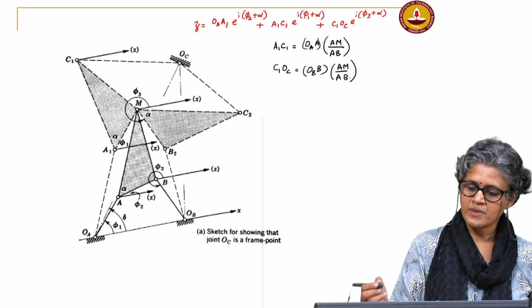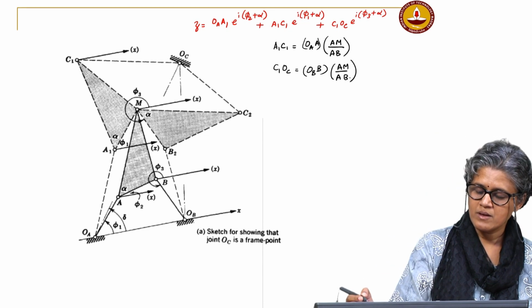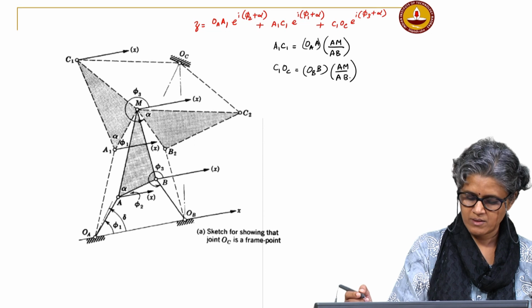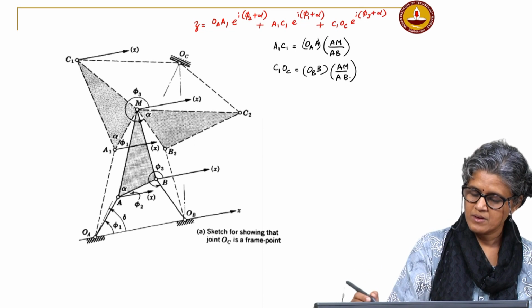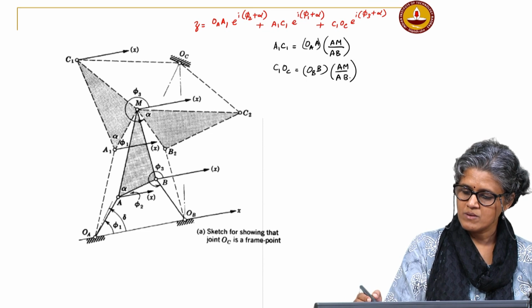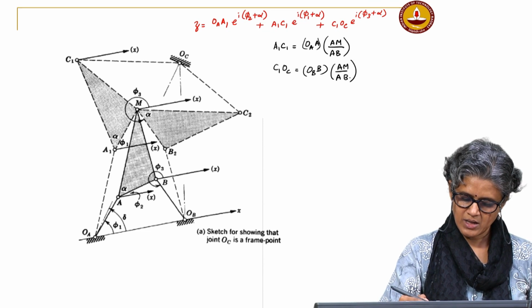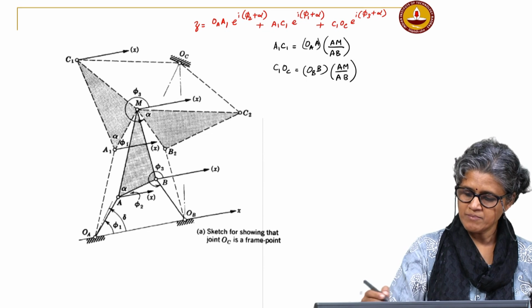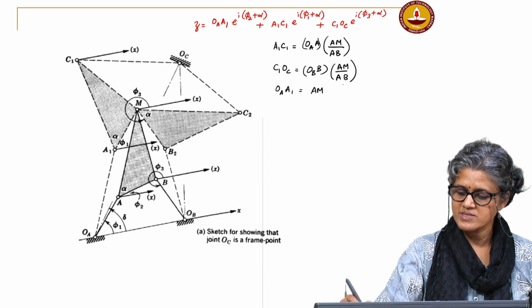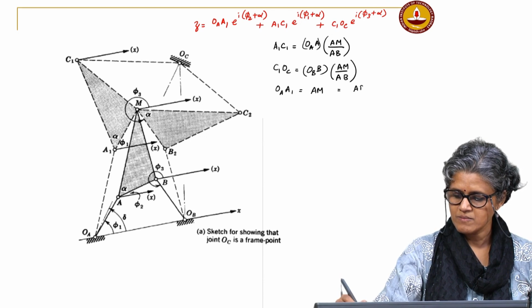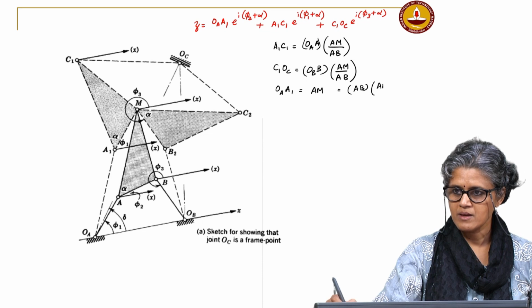Okay. And OAA1 equals AM, right. So, I can also write this as AB into AM by AB.